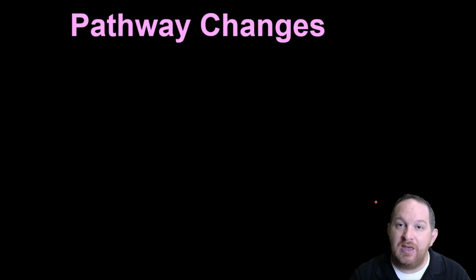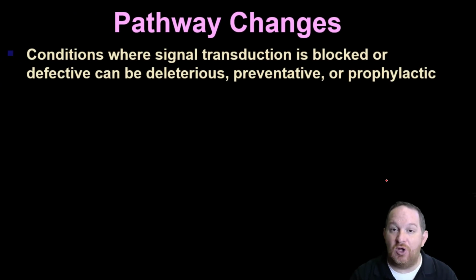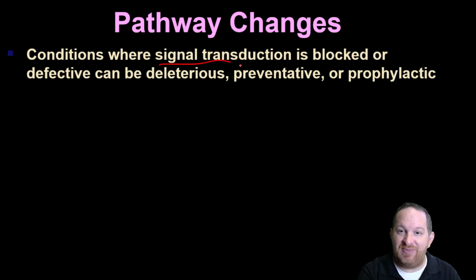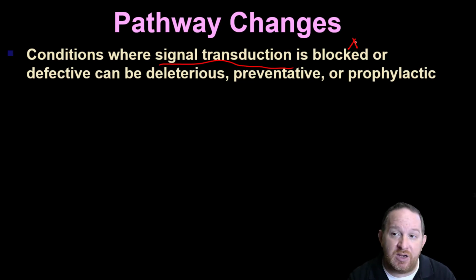Now, as is common in biology, things can go wrong. So what happens when this whole signal transduction pathway that we've been talking about is blocked or is defective? Well, the conditions can be pretty bad, quite deleterious, or actually it can be preventative to stop something from happening.